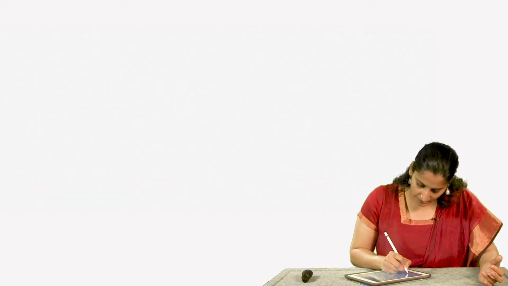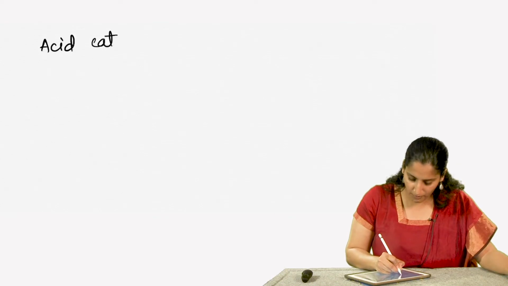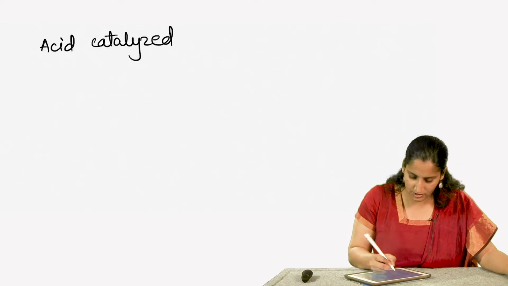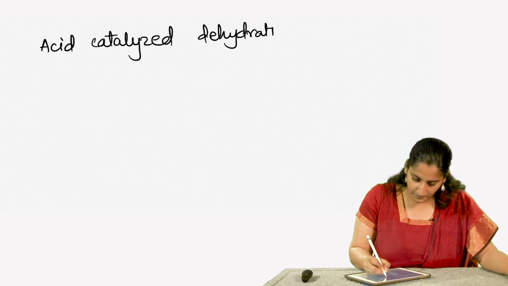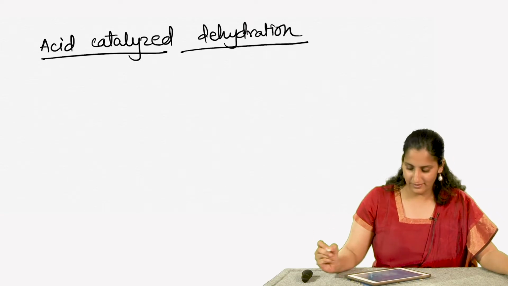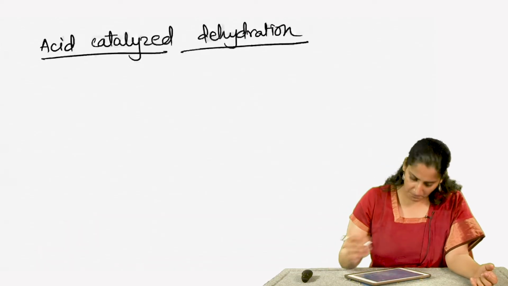The other way to synthesize an ether, and this is one of the most commercially available pathways to ethers, an industrial scale pathway, is acid catalyzed dehydration of primary alcohols. So, let us take a primary alcohol and perform the acid catalyzed dehydration to form the ether.